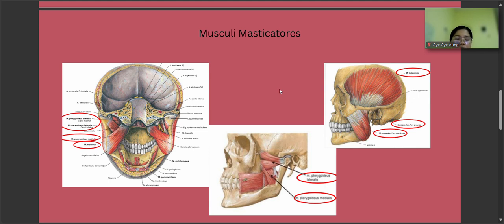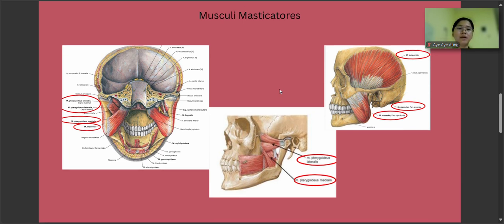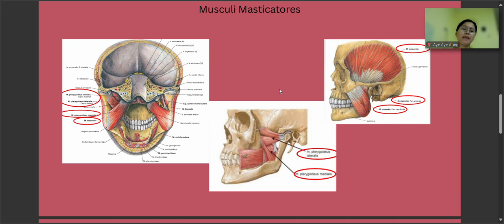They are responsible for chewing and are innervated by the mandibular branch of the trigeminal nerve, but not the facial nerve. The facial nerve controls the facial expression, but for the chewing, they are controlled by the trigeminal nerve.